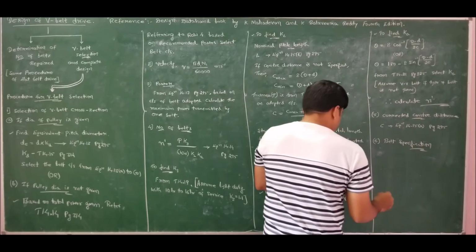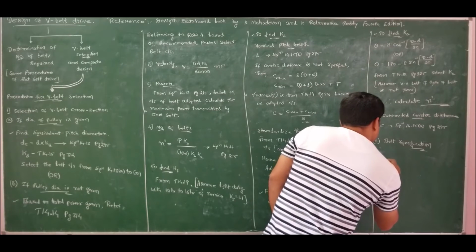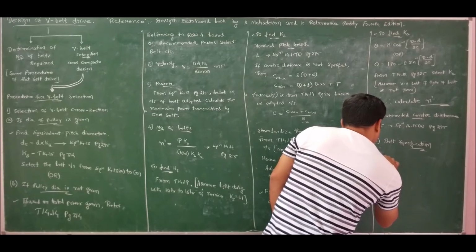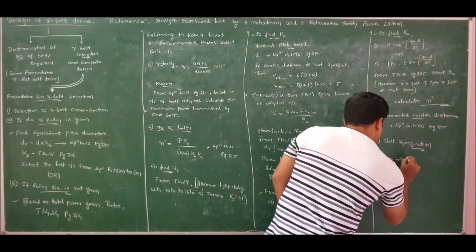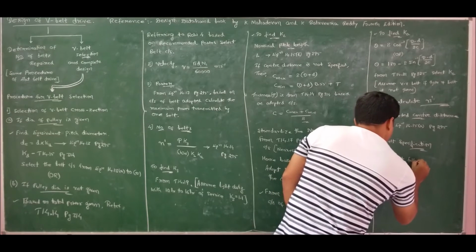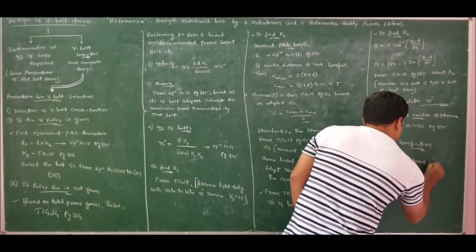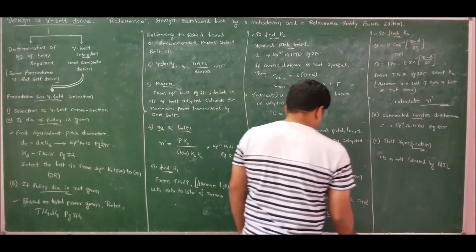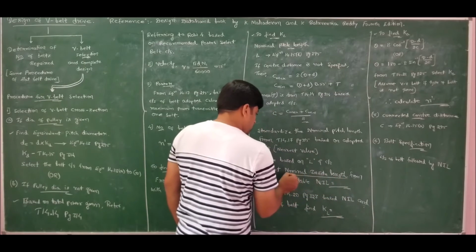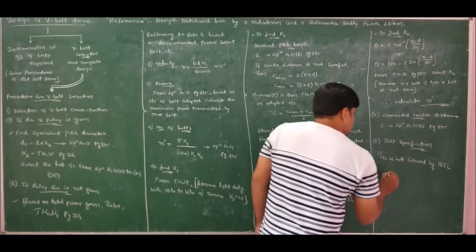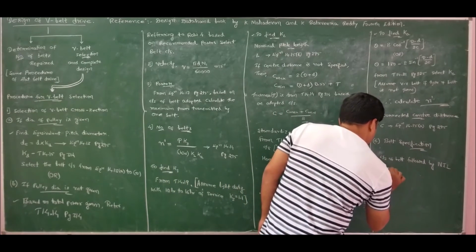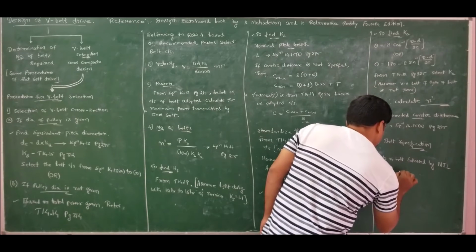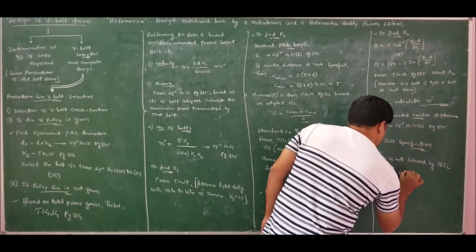Finally, you will be stating the belt specification by giving the cross section of the belt followed by the nominal inside length. For example, we will be specifying the type of cross section and the nominal inside length.